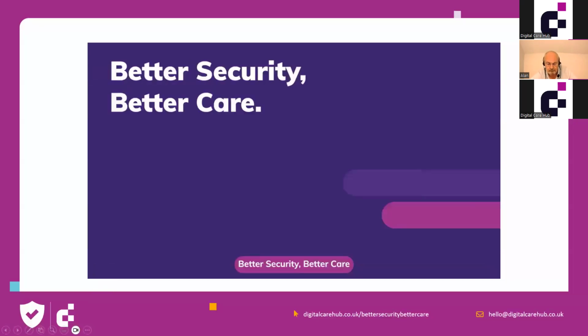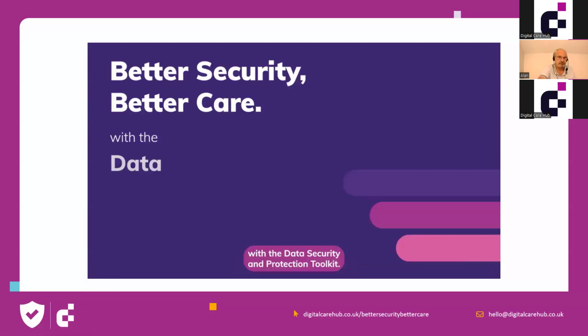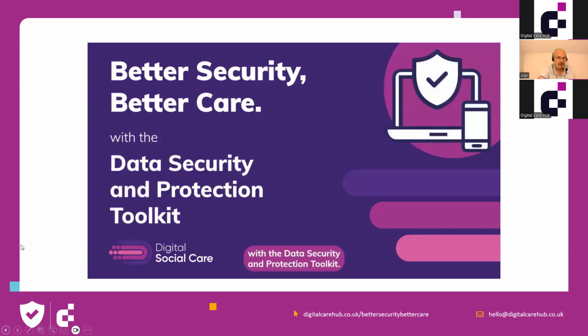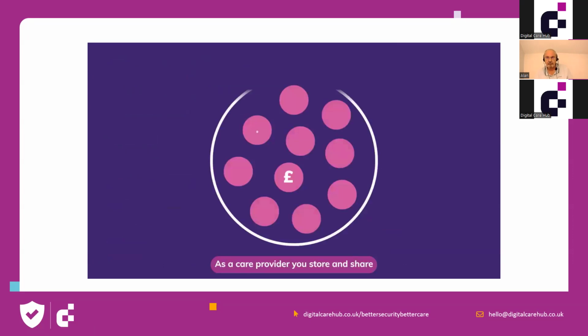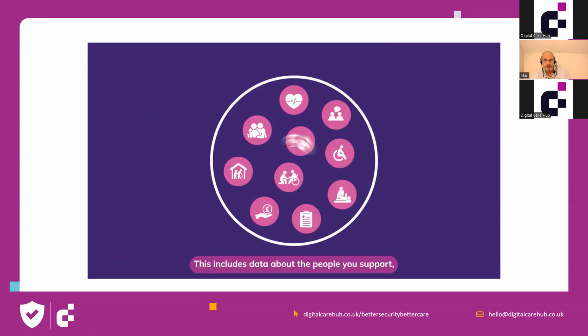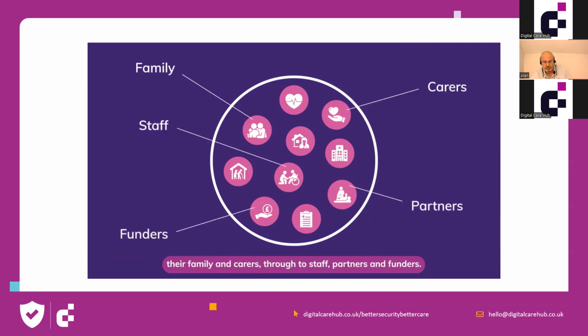Better security, better care with the Data Security and Protection Toolkit. As a care provider, you store and share important and often sensitive information. Data about the people you support, their family and carers, through to staff, partners and funders.